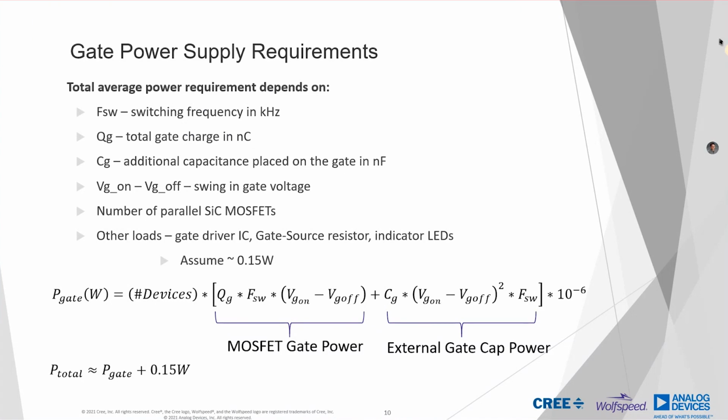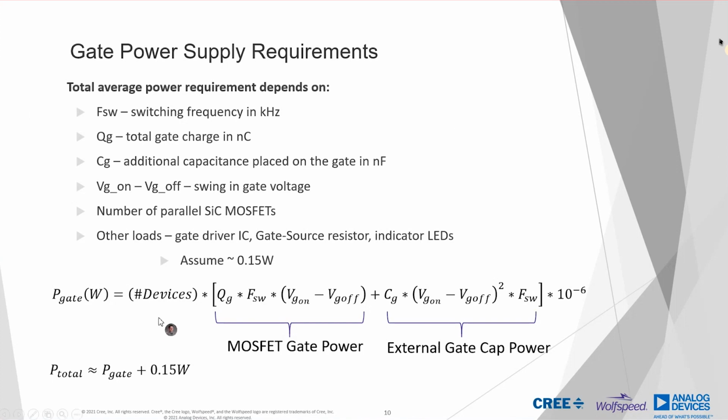And then if you're paralleling any parts, obviously those need to be accounted for. And then other ancillary loads: the gate driver IC needs power, the gate source resistor, 5 or 10K hanging across the gate to keep the device off, requires a little bit of power. And if there are any other circuits or indicator LEDs, things like that, those would also need to be accounted for when designing a gate power supply.